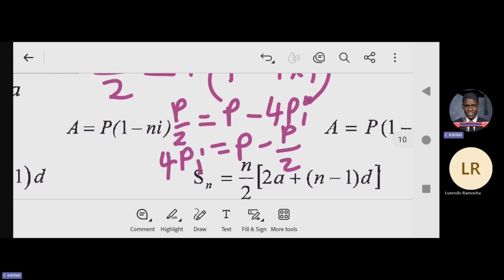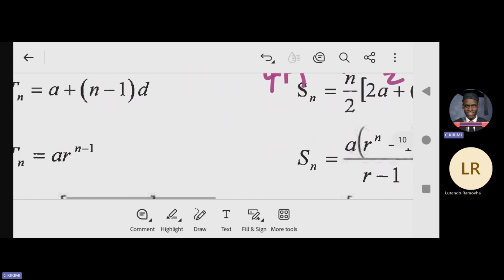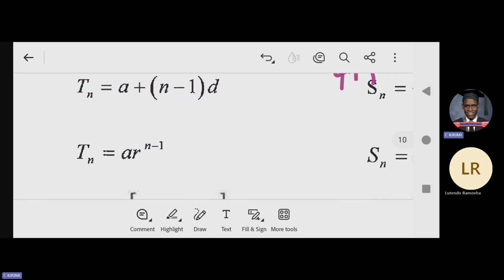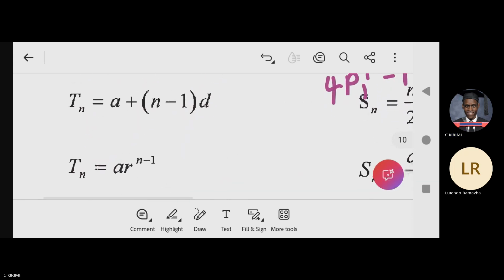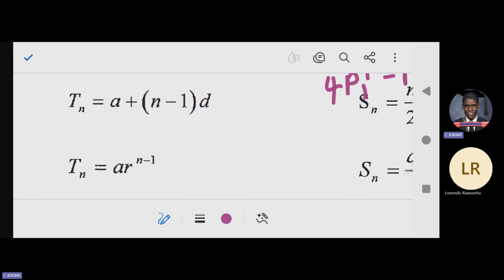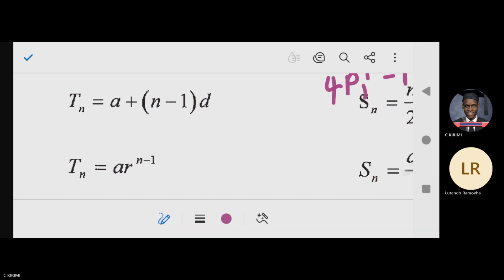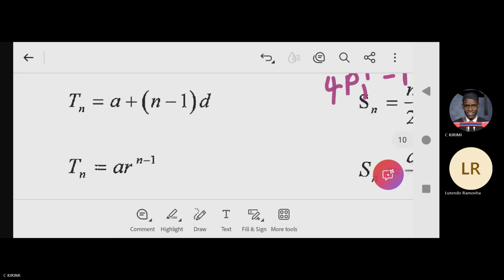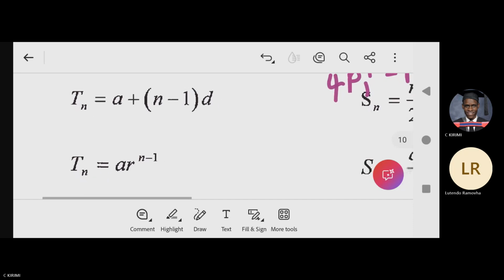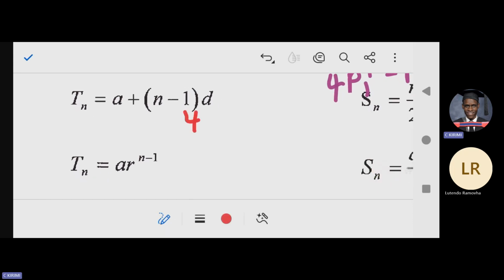Yeah. All right, let's start from where you are. We can use this step here. Our equation is 4PI is equal to P minus P over 2.